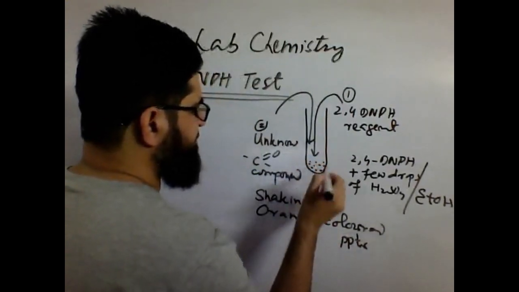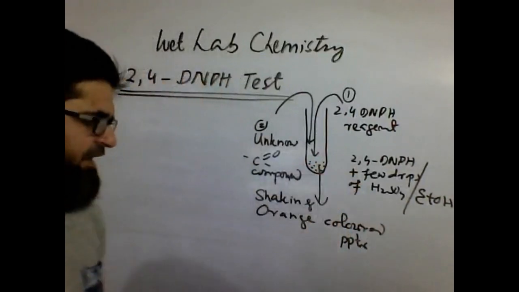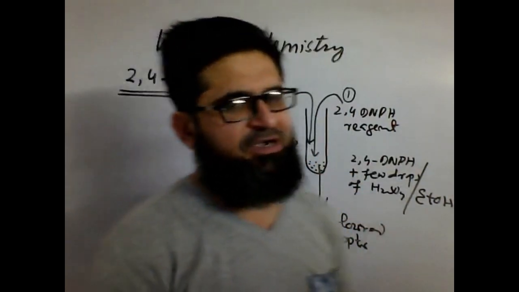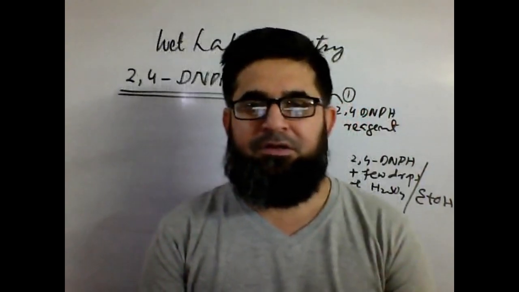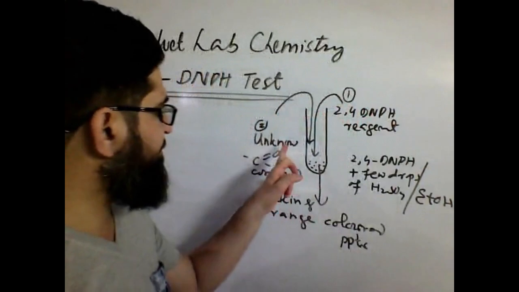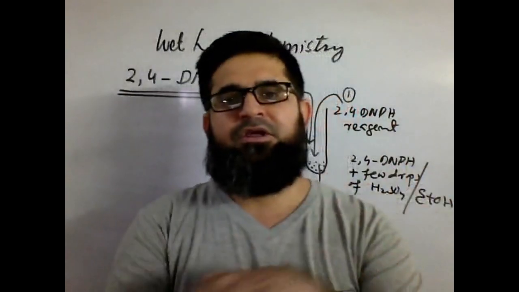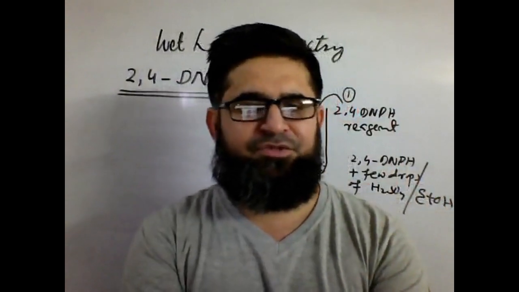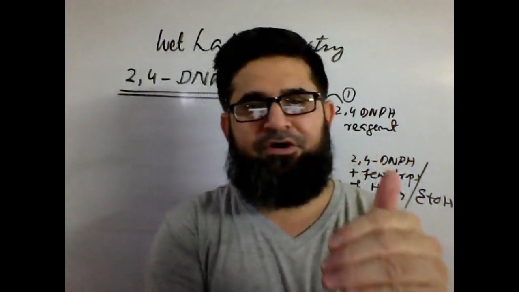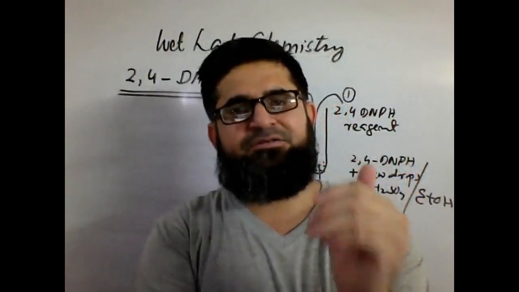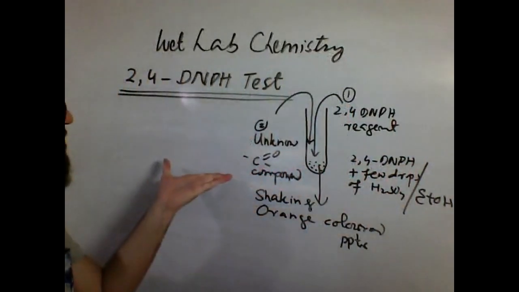The precipitates are supposed to settle down, and they are of orange color. If you find an orange colored precipitate settling at the bottom of the tube, it means the starting unknown compound is an aldehyde or ketone, meaning the carbonyl compound is present. So this is how the formation of precipitates confirms the presence of aldehydes and ketones. This is the basic idea behind the 2,4-DNPH test.